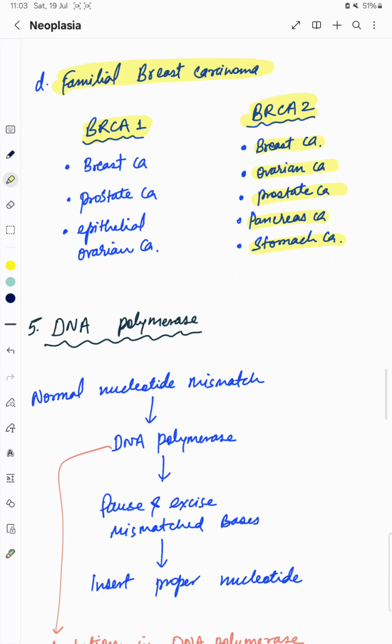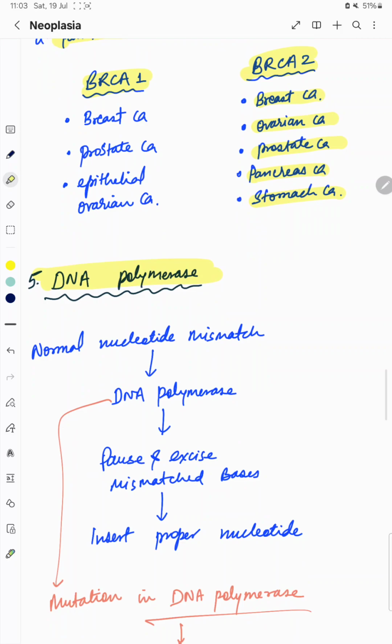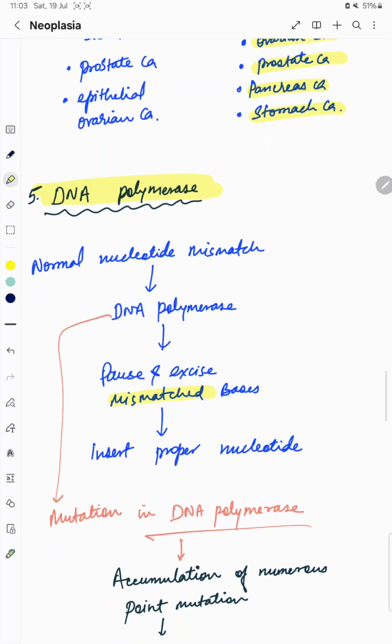Another defective mechanism which results in genomic instability is defect in DNA polymerase. Normally, whenever there is a nucleotide mismatch, DNA polymerase pauses, excises these mismatched bases and inserts the proper nucleotide.